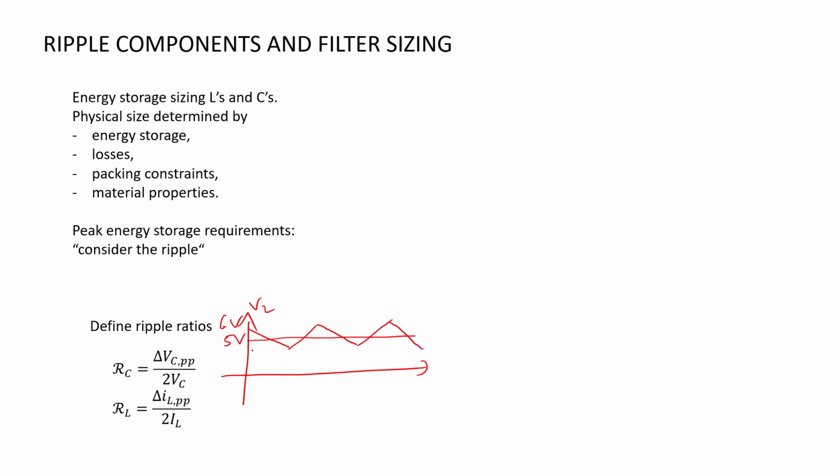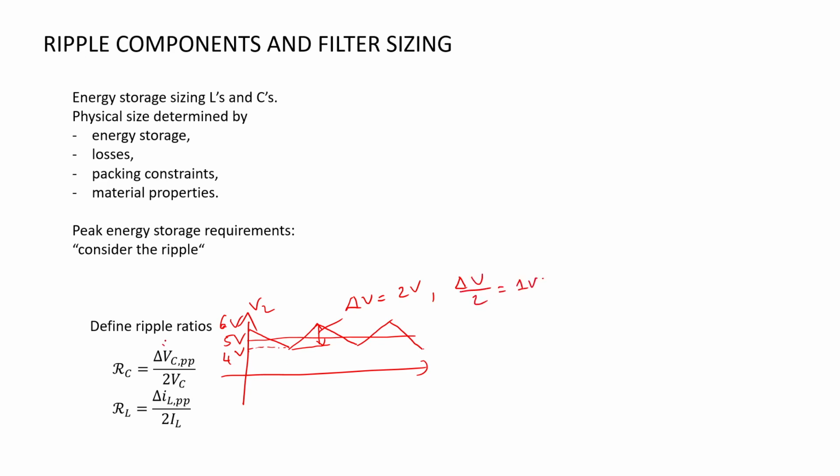So here this is delta V. Delta V equals 2 volts, which means delta V over 2 is 1 volt.